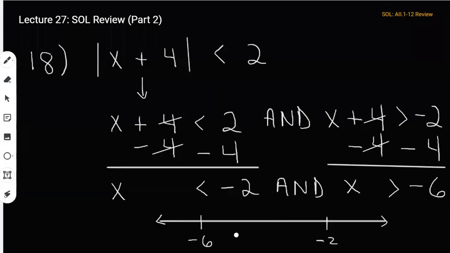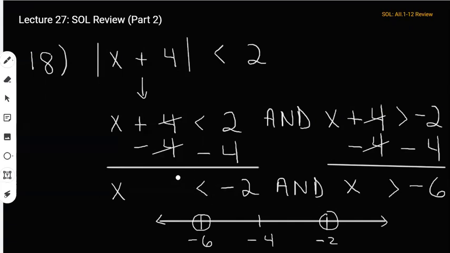And then between those, I'm going to have negative 4, let's say. Okay, so because x is less than negative 2, I'm going to have an open circle on the negative 2. And since x is greater than negative 6, I'm going to have an open circle on the negative 6.